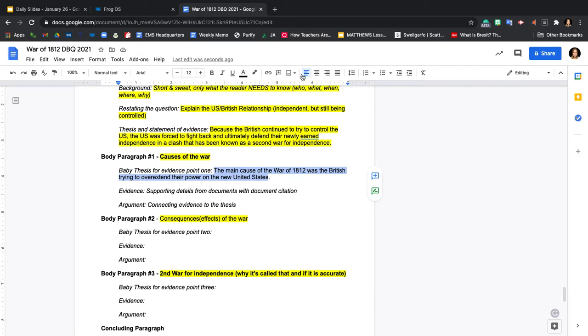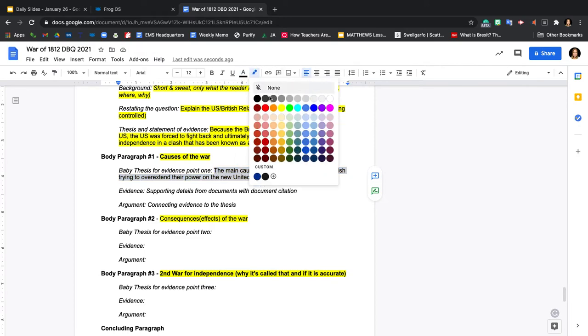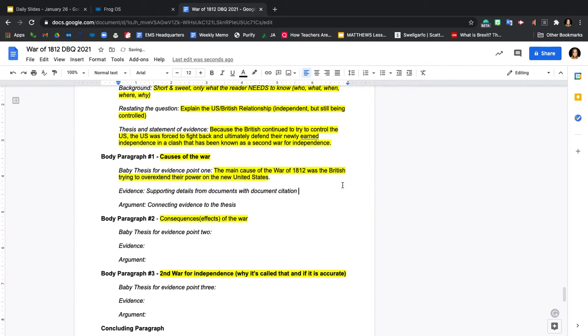So then what you need next, and this is probably the hardest part, is your evidence. Your evidence is going to be something from a document that supports that. So what immediately comes to my mind is document 1, because that's where Madison was declaring war, and he's talking about the impressment or the capturing of American soldiers and forcing them to fight in the British Navy. So I might include something from document 1.